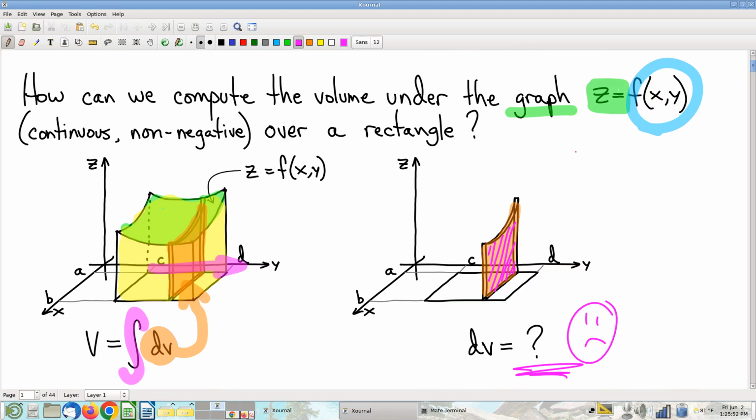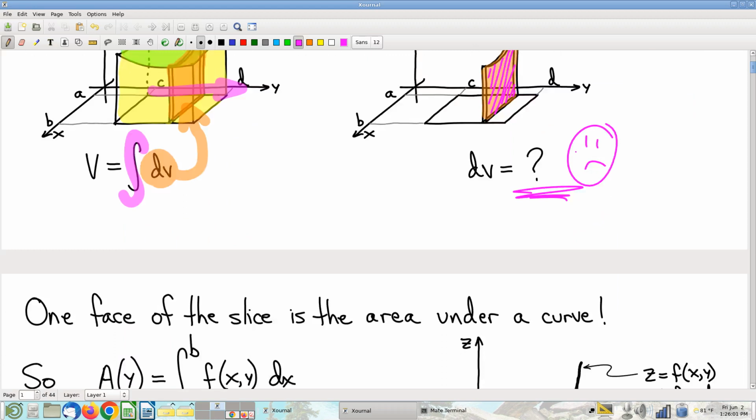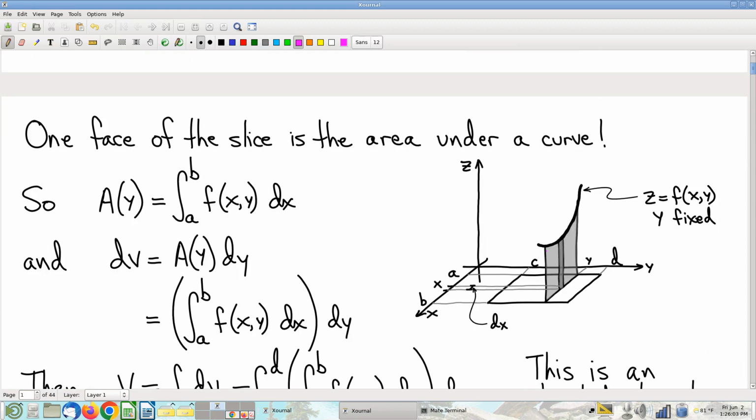Okay, so here's where a lot of people would throw up their hands and give up. We're going to push on after all, because if you think about it, that cross-sectional area, no, it's not a disc and it's not various other things, but it is the area under a curve. This curve here is the cross-section of our original surface, specifically the cross-section where I fix a value of y, so y is not allowed to change.